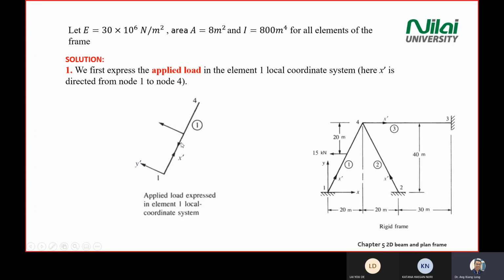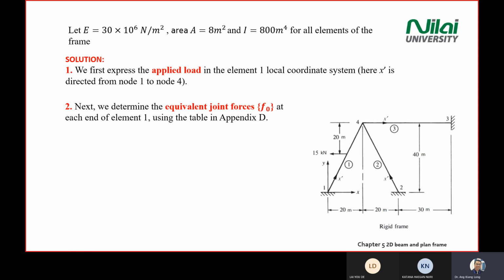And you have 15K here, 15 kilonewton at this point, but this is in the x direction. We need to change this 15K into the element direction. This is the first step for this tutorial question.